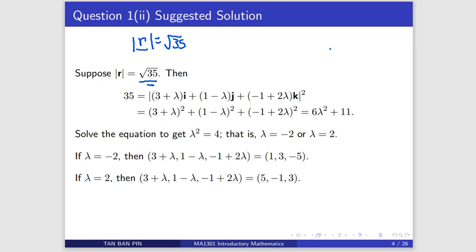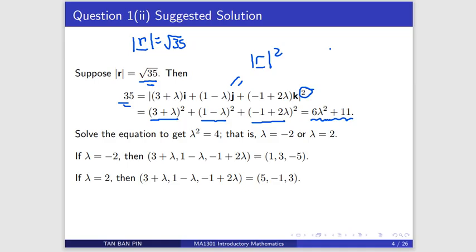So you consider 35 equal to the magnitude of r squared, that's why there's a square here. To find the magnitude of r, take the square of the i term, the j term, and the k term. You expand this out and simplify, and it gives you 6 lambda squared plus 11.